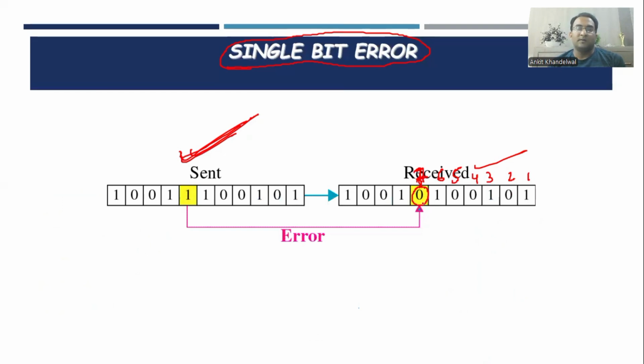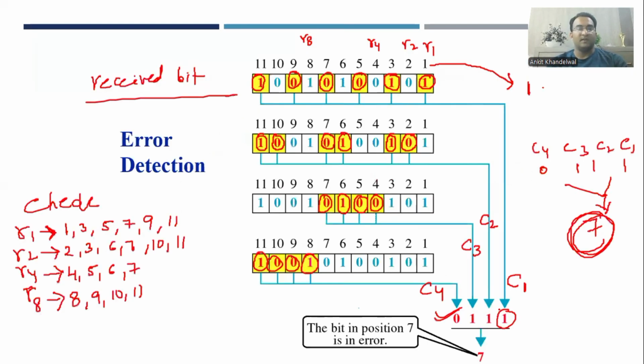The receiver will change this value from 0 to 1, and the original message will be recreated. That is 10011100101 there. So in this way, we are going to have error correction. This is the way how we are going to find out the value.